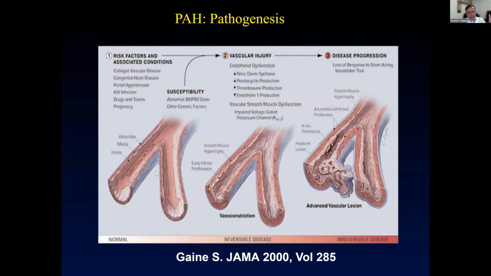And once the delicate single layer of endothelium gets damaged, it starts to develop what we call intimal and medial proliferation of smooth muscle cells. And the muscle cells proliferate like scar or keloid formation, and with time, it leads to obstruction of the pulmonary arterioles.